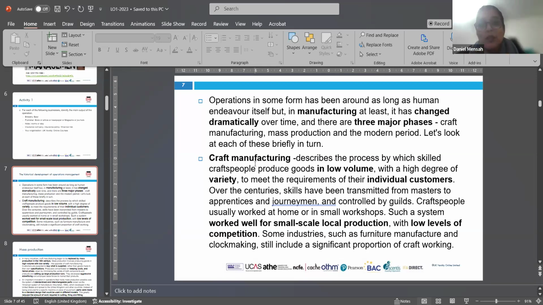But again, it is very expensive. As I told you, it is a manual process, so it costs a lot. So that was craft manufacturing. The main elements were: competition was low, it was suitable for small scale, and it was highly customized. They used to produce highly customized products, catering to the needs of individual customers.